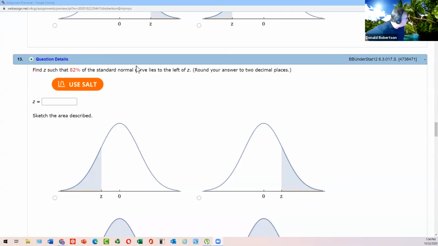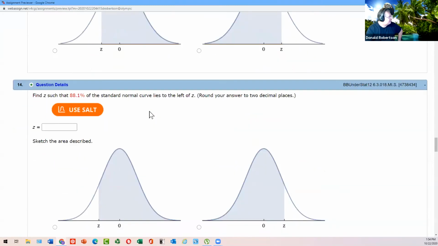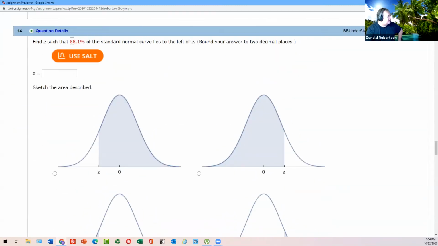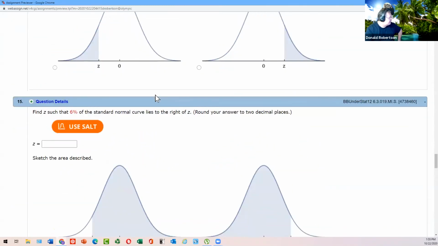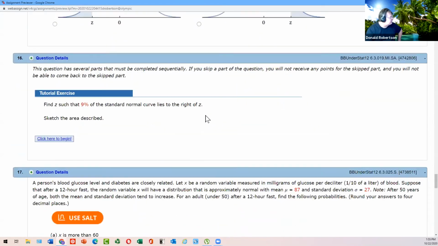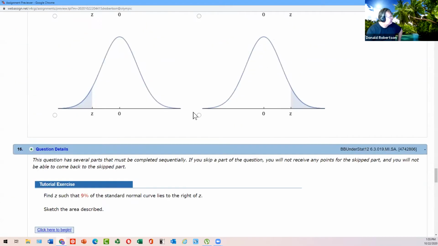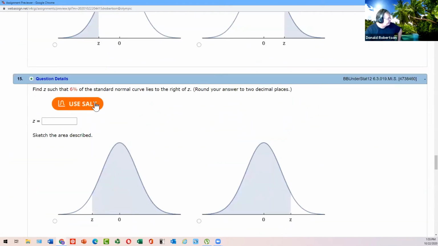So we can find a Z score such that 80% is to the left of Z. We could find a Z score for 88.1%. We could find one of these guys. Okay, let's pick one.